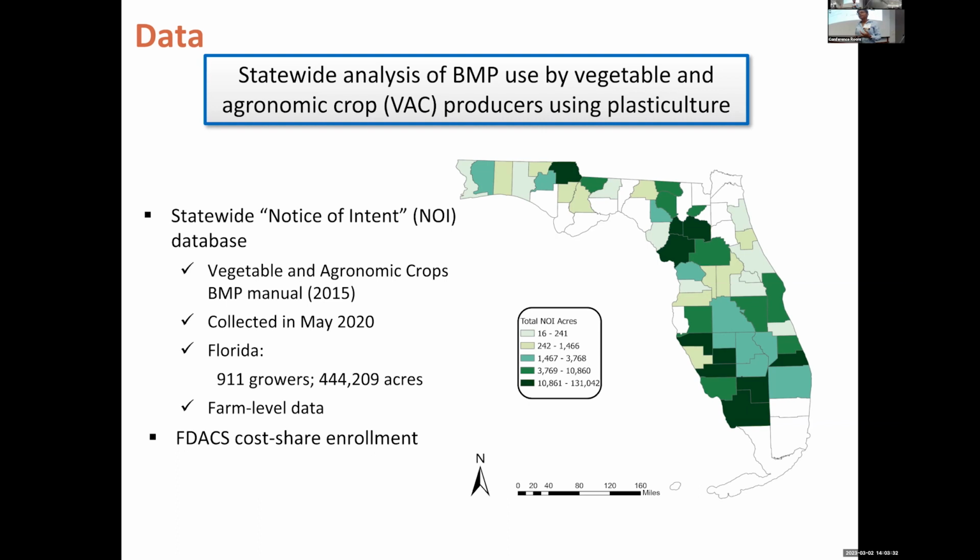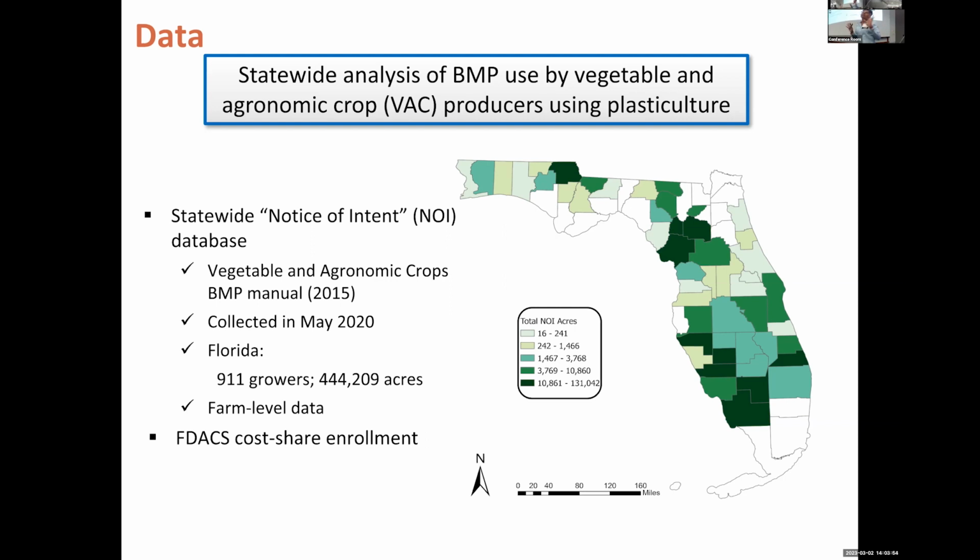We know what practices the farms adopt. We don't know what crops are being grown. We don't know on which acres the BMPs are being adopted. A farmer can report adopting multiple BMPs. We don't know if that's being done on the same acres. All of this information we don't have.